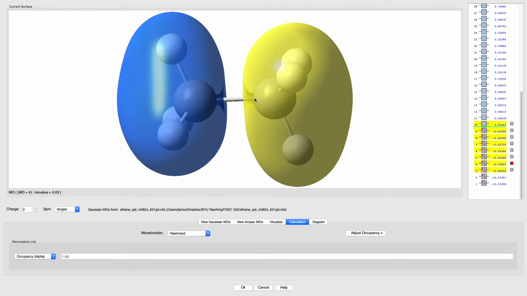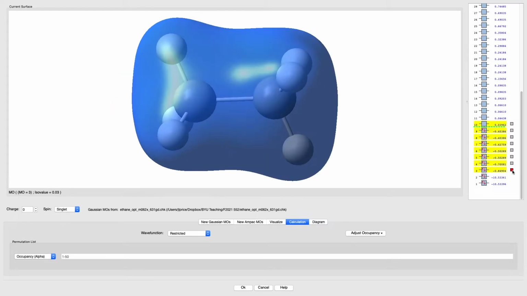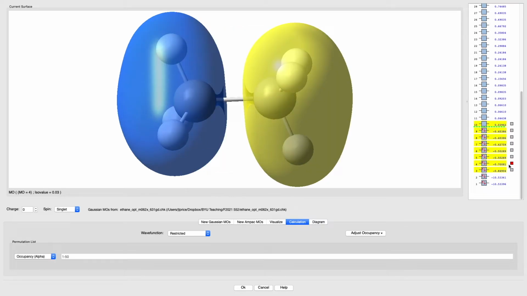And why doesn't this show up way higher up there? Well, the answer is that there's not a huge amount of overlap between s orbitals on each of these carbons. And so it's not that stabilizing relative to the methyls by themselves to have the plus interaction, the minus interaction's also not that bad.